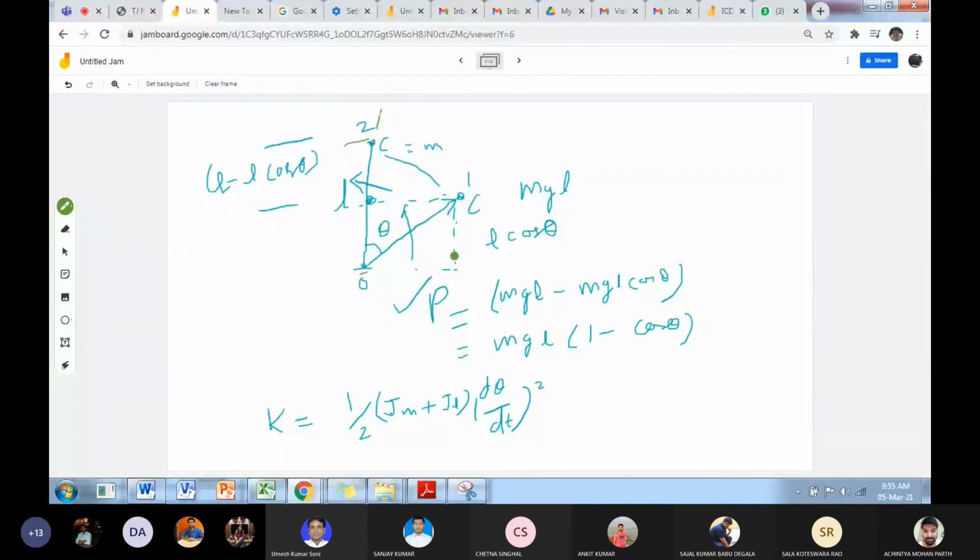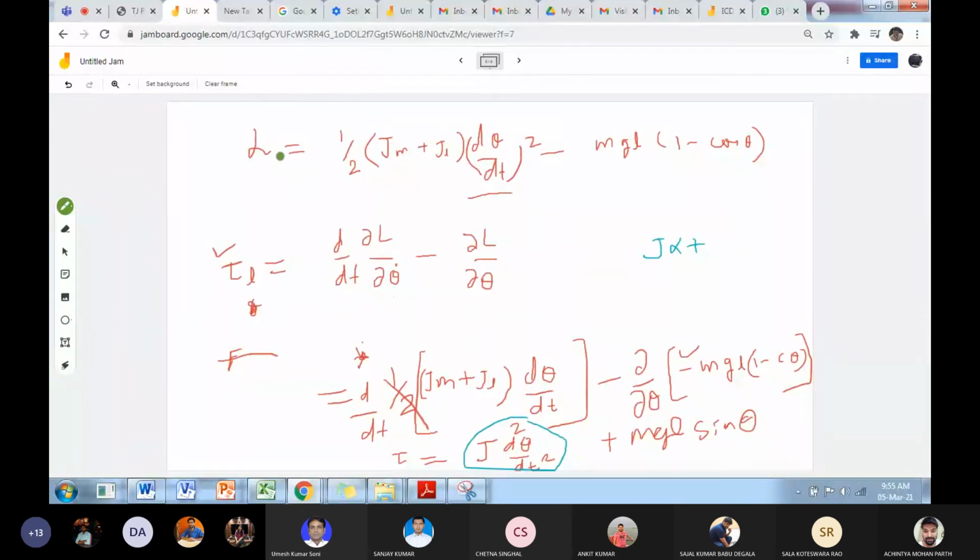So what is the potential energy? Mg, potential energy utilized in moving the object. You have mgl (1 minus cos theta). Similarly, you have the kinetic energy 1/2 (Jm plus Jl) (d theta by dt) square. Okay, now you determine the Lagrange by using k minus p.